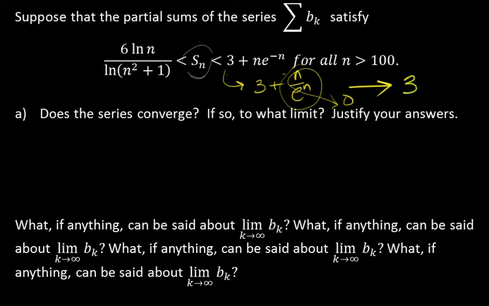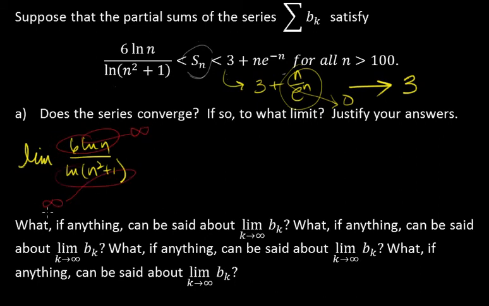Now let's take the limit of this one. I'll go down here under A and take that limit. We want the limit of 6 natural log n over natural log n squared plus 1. Now, both the numerator and denominator get large without bound. They both go to infinity, right?